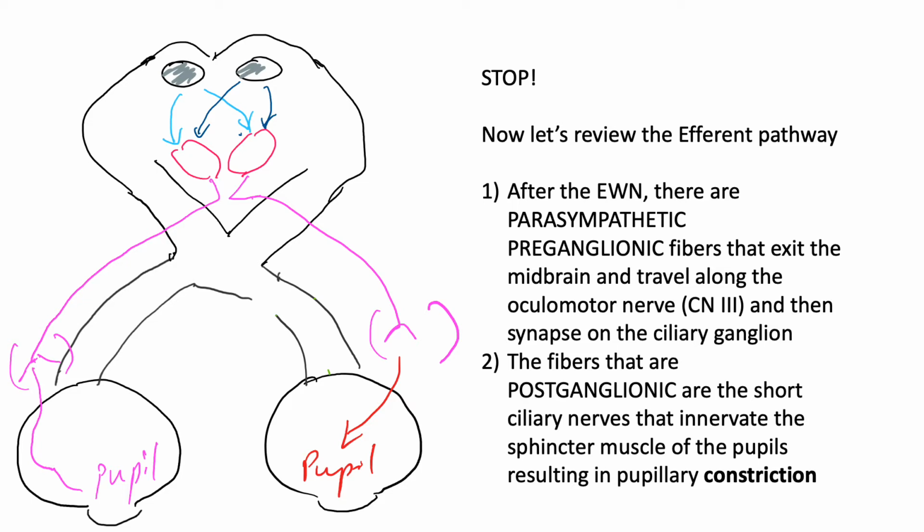The fibers that leave the ciliary ganglion are parasympathetic postganglionic fibers that innervate the sphincter muscle of the pupils, resulting in pupillary constriction. So starting from the afferent pathway to the efferent pathway, we have now covered how the pupil constricts when light is shone into the eye.